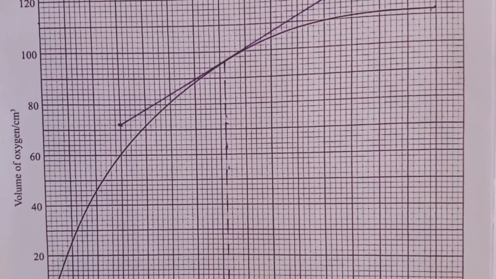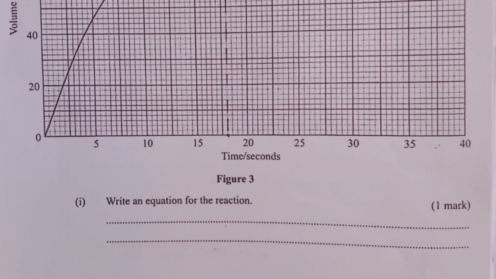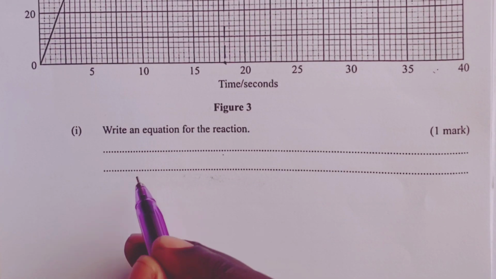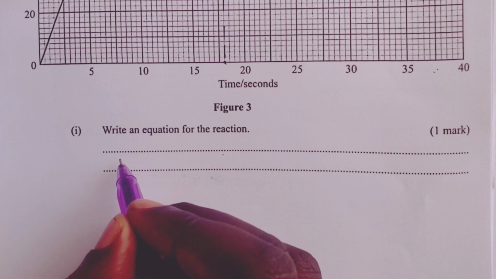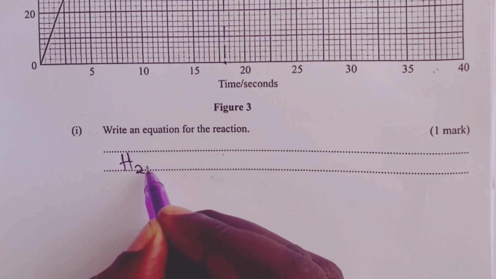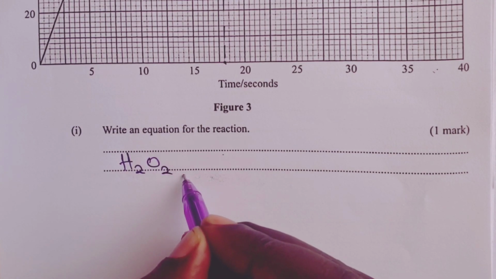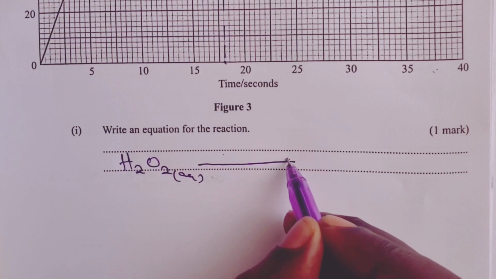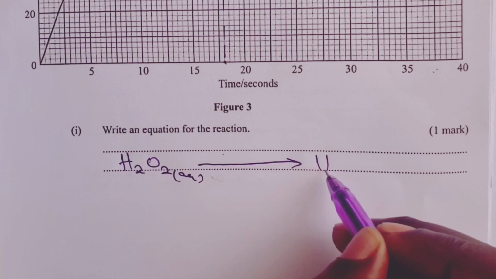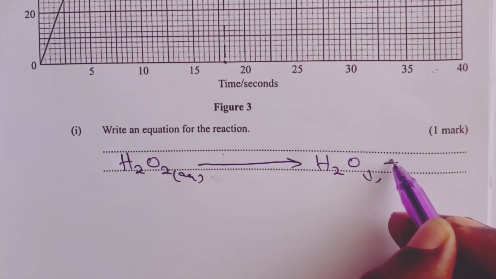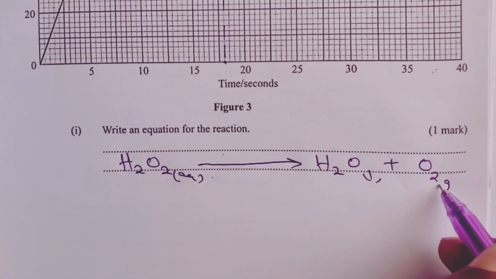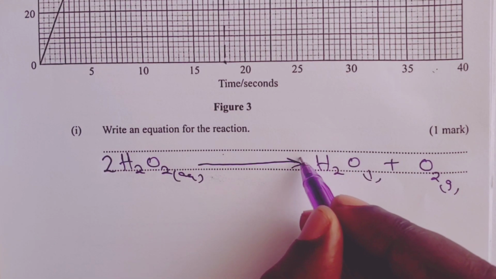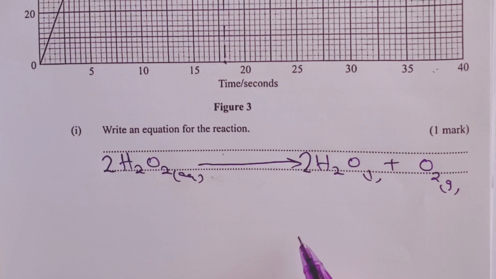We begin with part 1, which is asking us to write the equation for the reaction. Here we decompose our hydrogen peroxide, which was in aqueous state, and we get water and oxygen gas. Of course, we balance with a 2 on hydrogen peroxide and 2 on water.